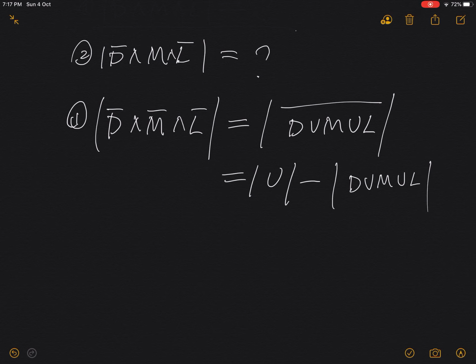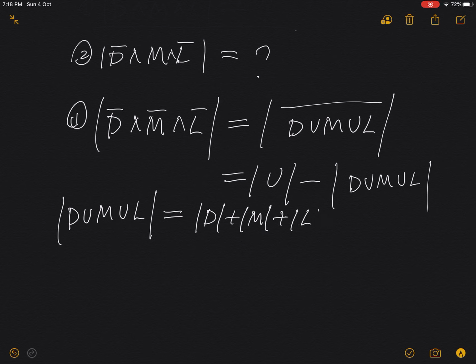Then for the cardinality of D or M or L, we calculate D, M, and L first, and then remove the repeated part.